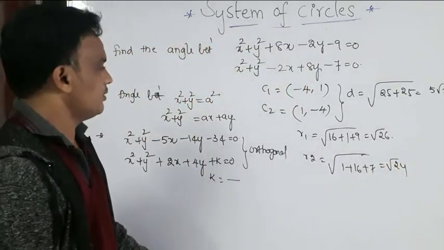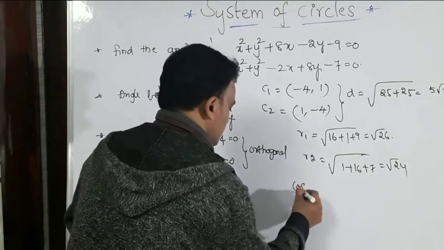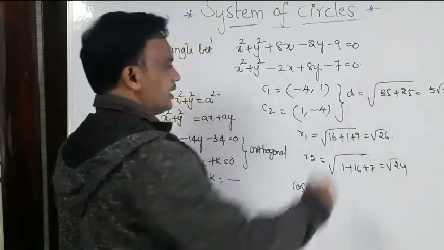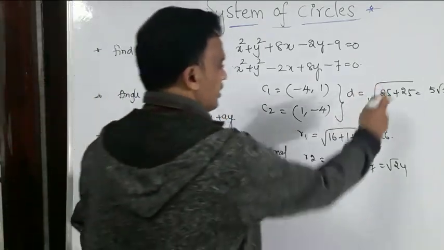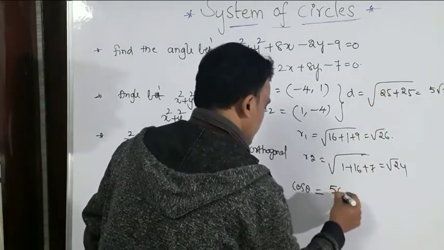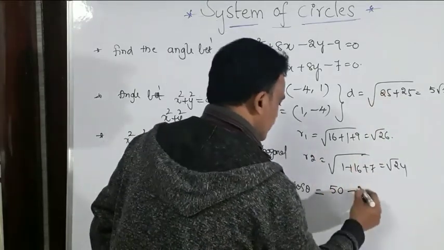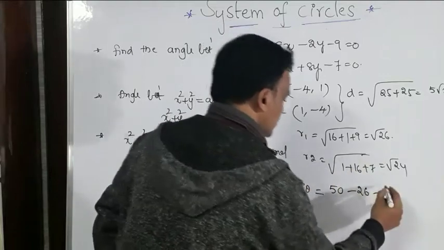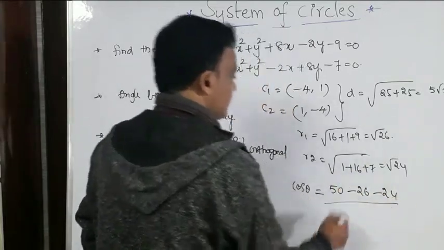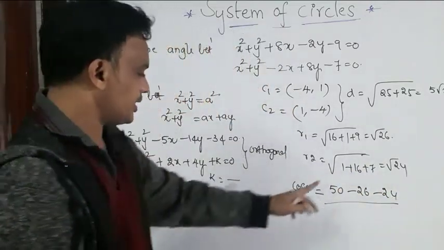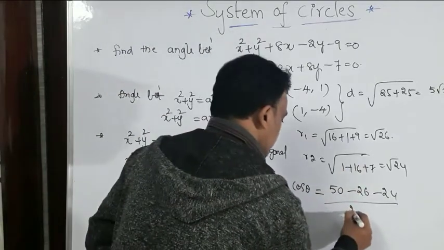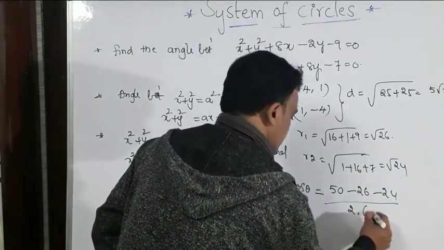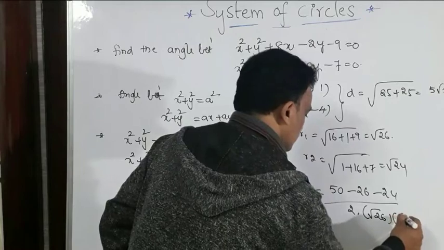Then come on, substitute in the formula: cos theta is equal to d square minus r1 square minus r2 square by 2 r1 r2. Yes, what is d square? Which is 50, minus r1 square 26, minus r2 square 24, by 2 into root 26 into root 24.